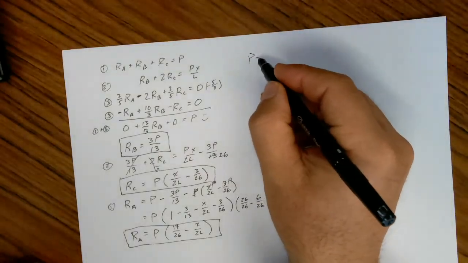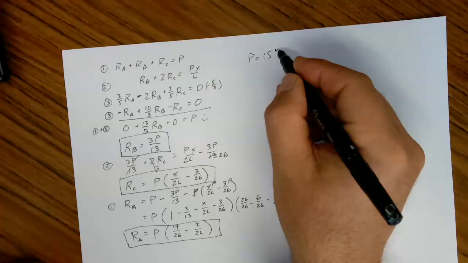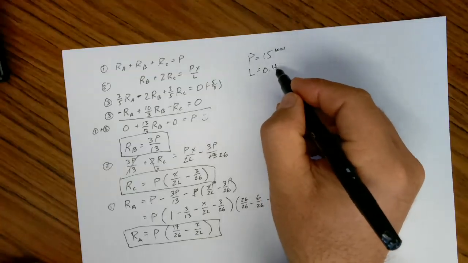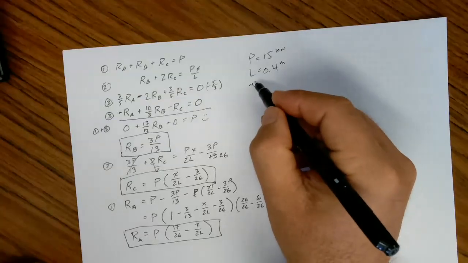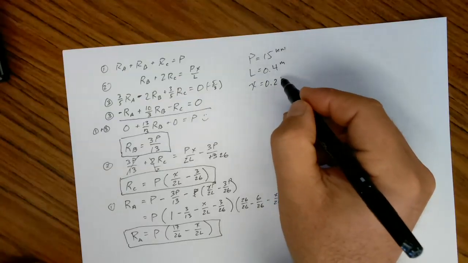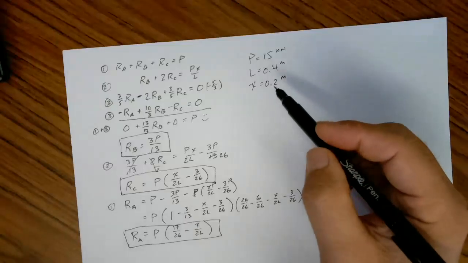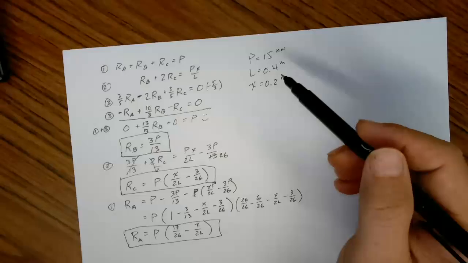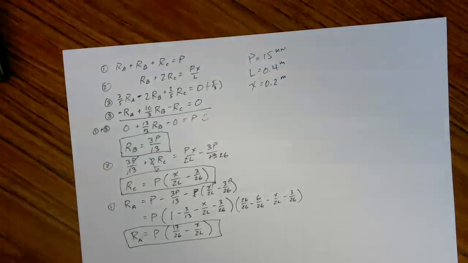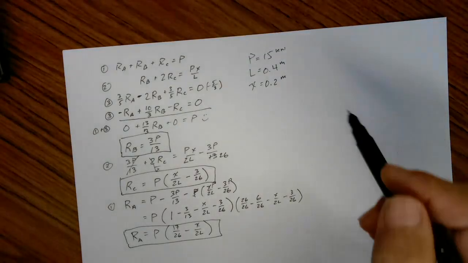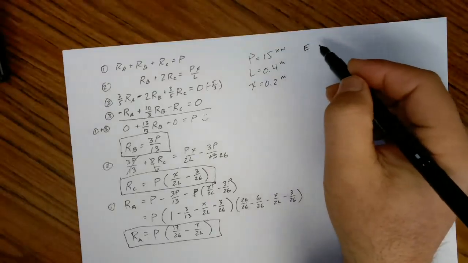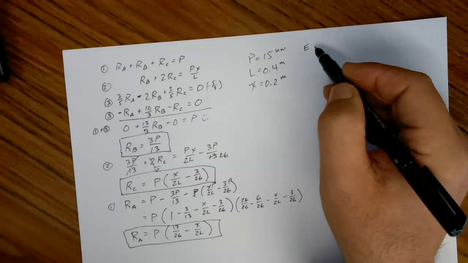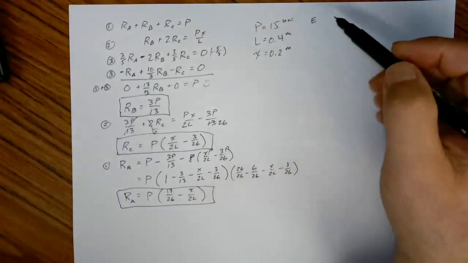If we now pull in some values: P is 15 kilonewtons, L is 0.4 meters, X is 0.2 meters. The values of E, where's the number sheet? Values of E, we don't need unless we're going to calculate deformation. We're just going to calculate the reactions.